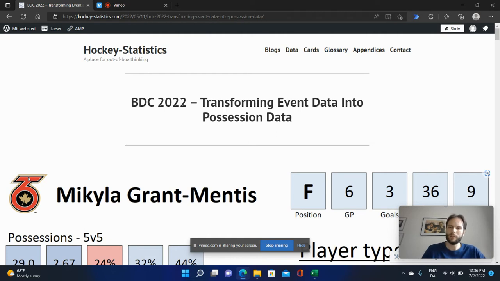Now, it's not quite as simple as I make it out to sound, but it's not overly complicated either. So that's what I did. I transformed the event data into possession data. This gives us two additional variables, because now we know the possession time. How long does the player possess the puck? When does the possession start? When does it end? It also gives us a possession distance.